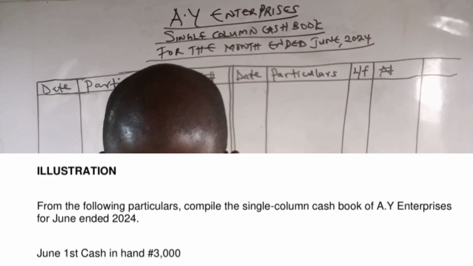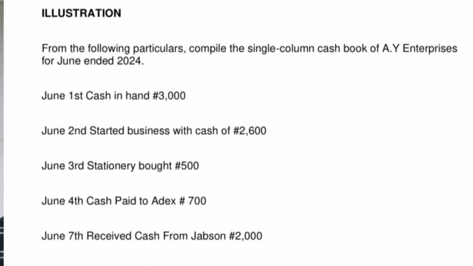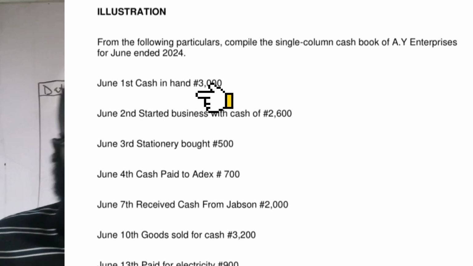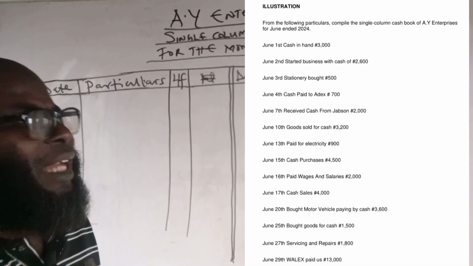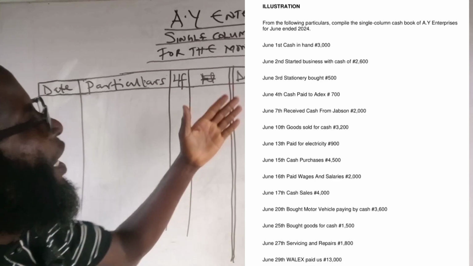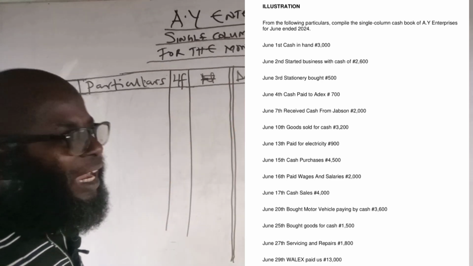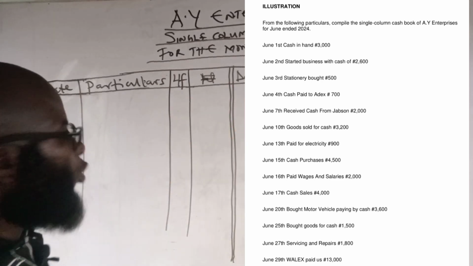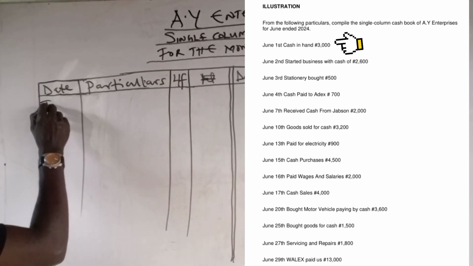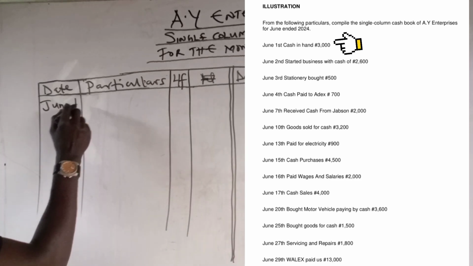Then from the question, the first entry says June 1st, cash in hand, 3,000 naira. This simply means the money that remains in the business as at May when the account is being prepared. As a result of this particular amount, here we have June 1st.